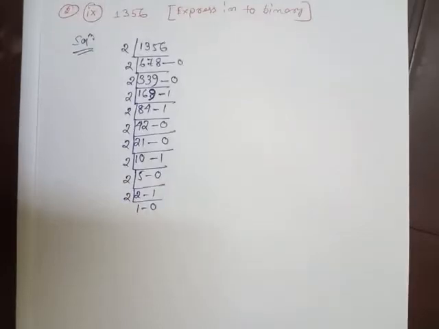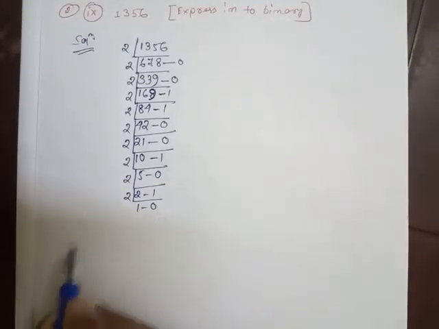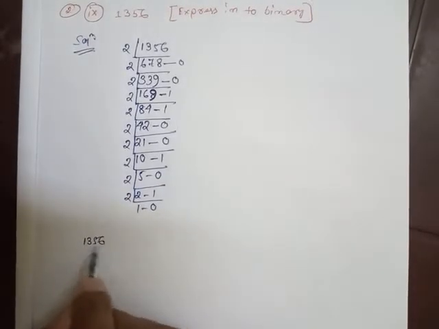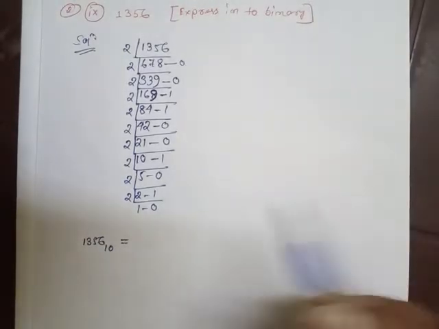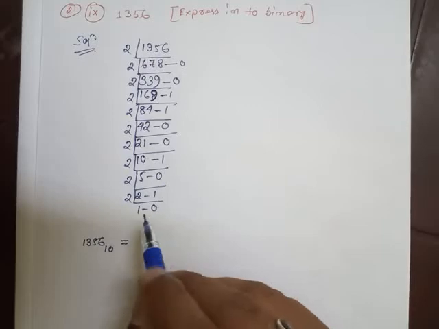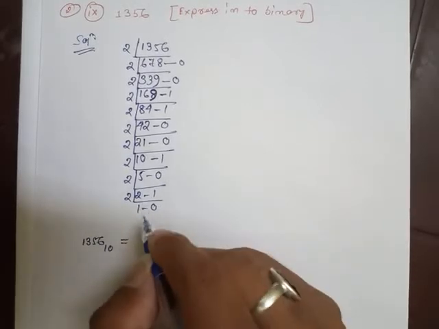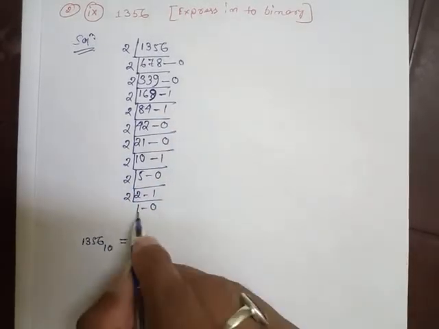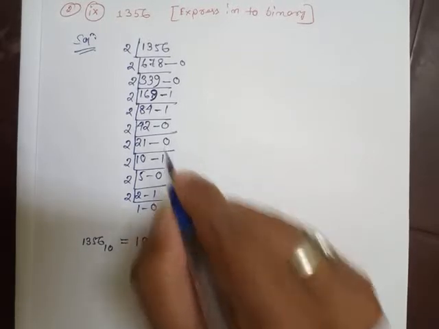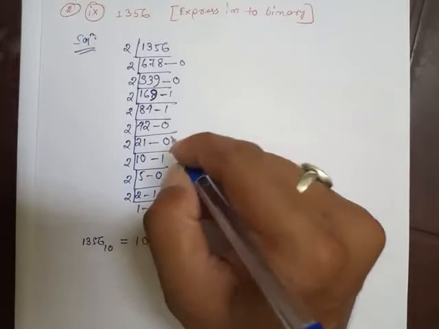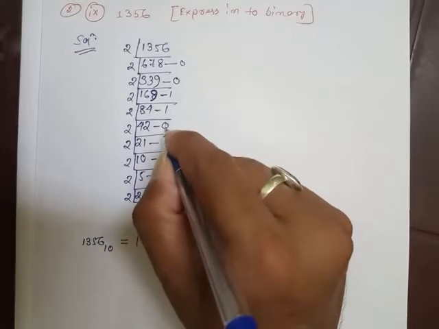Now look, after completing the division we'll write here that 1356 base 10 converts to the binary system. Binary means the base of 2, so it will start counting from the bottom to the top.